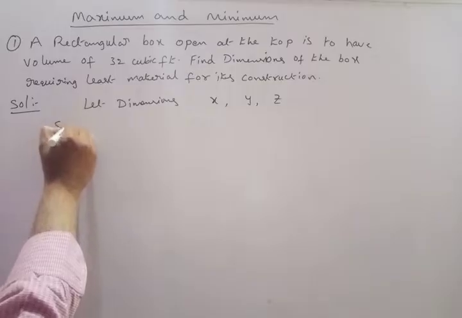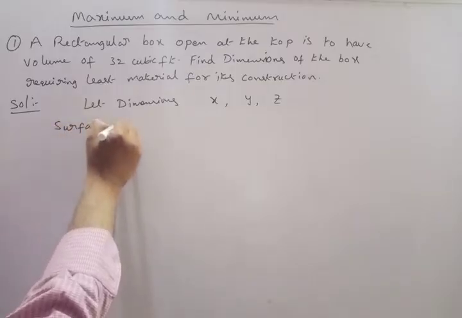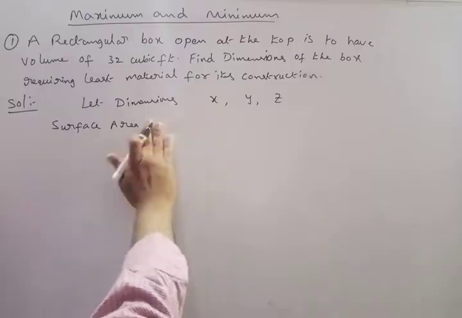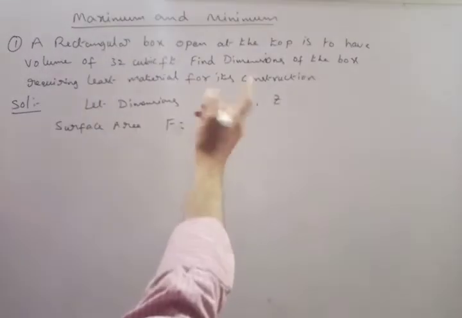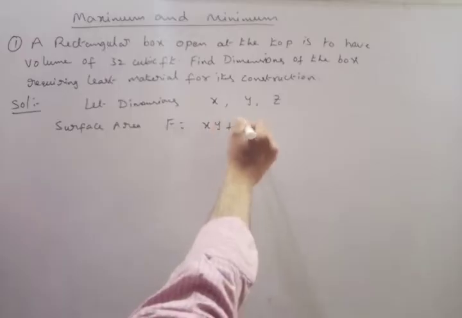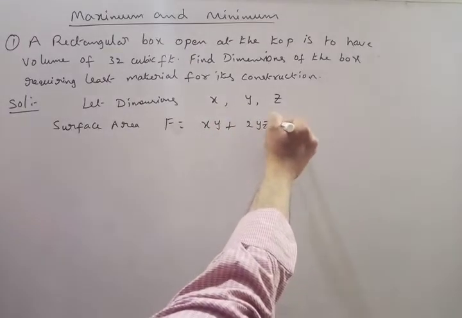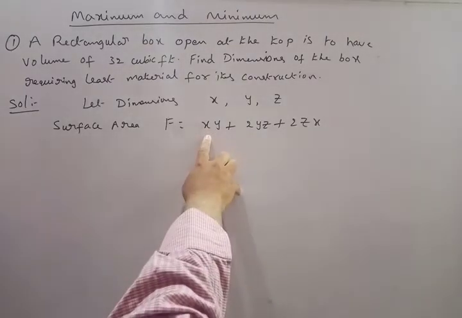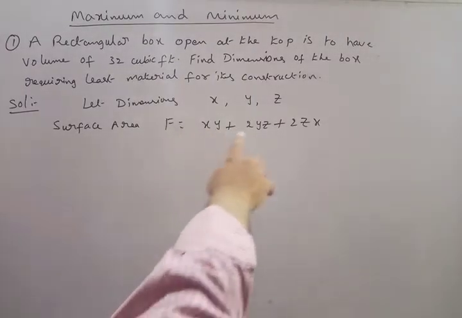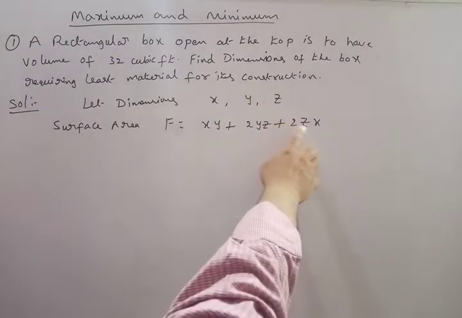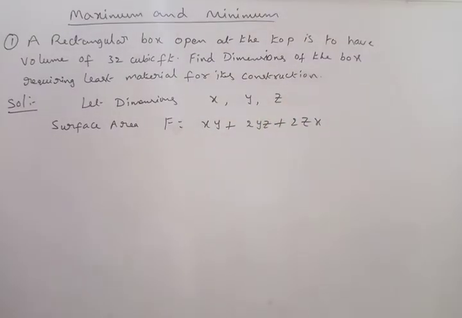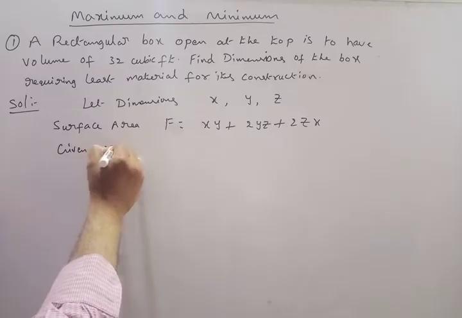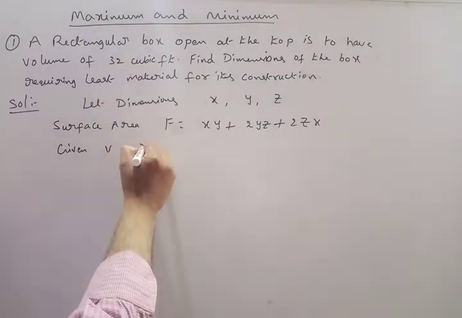One side is open, so taking surface area as f, f is equal to xy, which is the open side taken once, plus 2yz for two sides, plus 2zx for two faces.